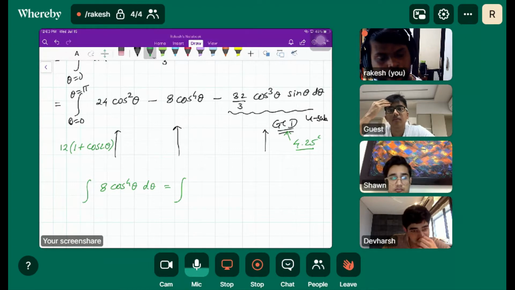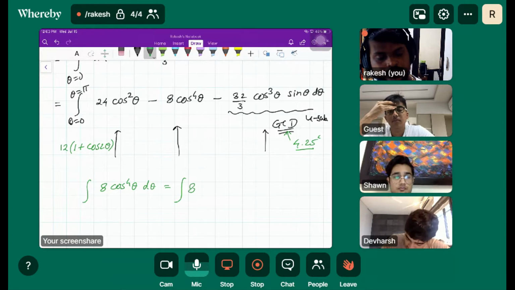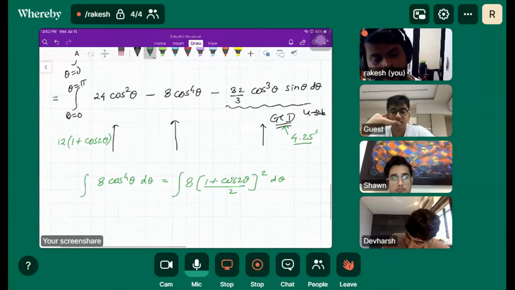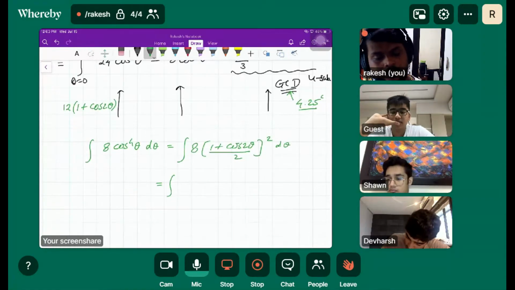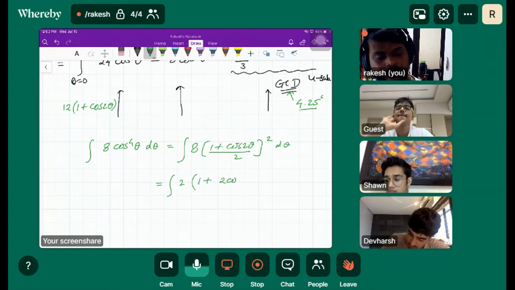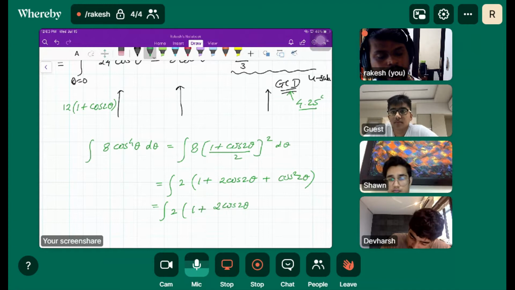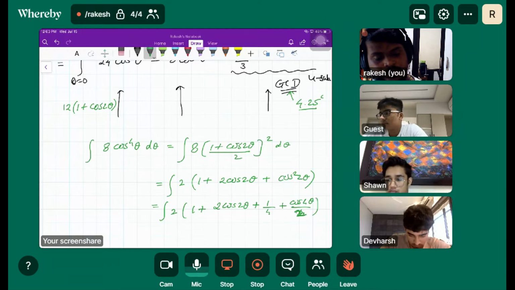Okay. So 8 cos raised to 4 theta is 1 plus cos 2 theta upon 2, the whole square. 4 times 8, 1 plus 2 cos 2 theta plus cos square 2 theta. 2 times 1 plus 2 cos 2 theta plus 1 plus cos 4 theta by 2. 1 by 4 plus cos 4 theta by 2, d theta.